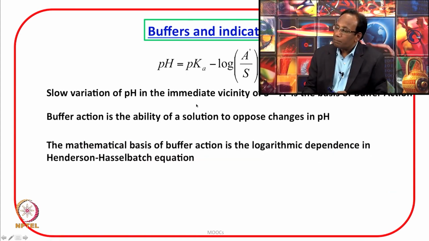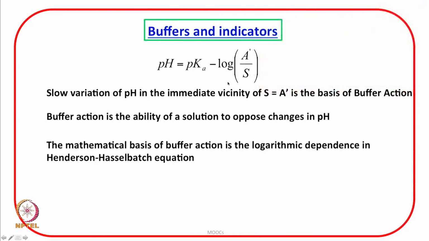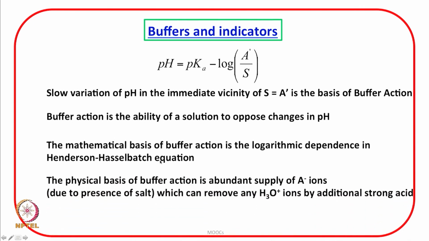The mathematical basis of buffer action, what is the mathematical basis? Is the logarithmic dependence of this ratio of acid to salt concentration. The logarithmic dependence is the mathematical basis, whereas the physical basis is abundant supply of A minus ions, because salt is there and this A minus can remove any hydronium ion by additional strong acid.